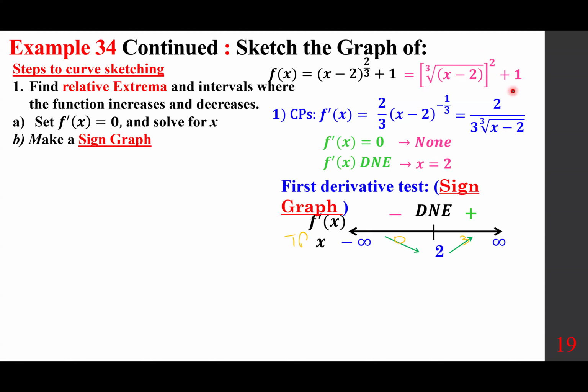This goes to 0, so the answer is just 1. So the local minimum is 1 at x equals 2. In other words, that's the pair (2, 1). There is no local max. So that's pretty straightforward, everybody.